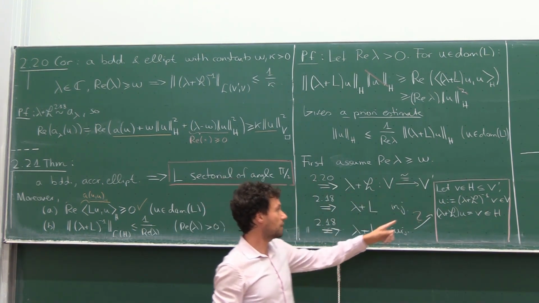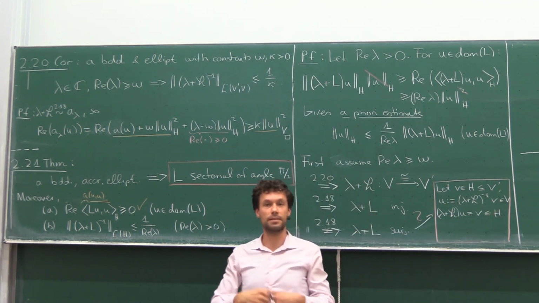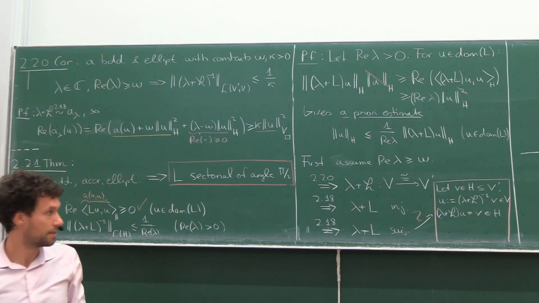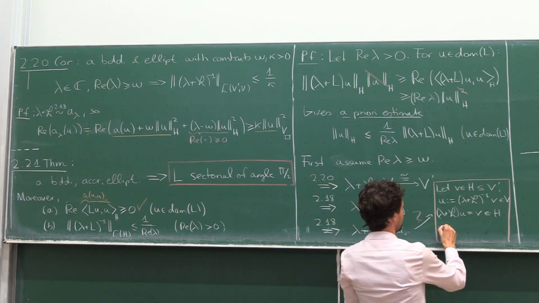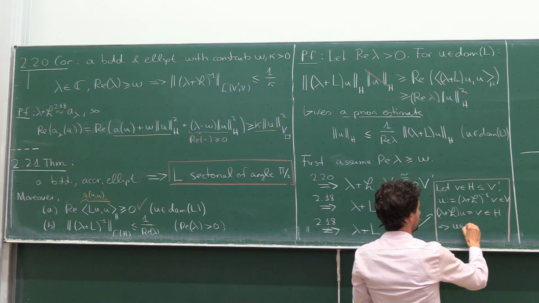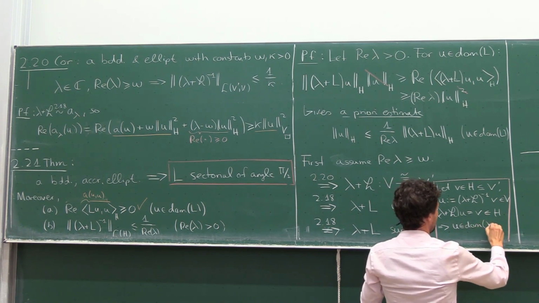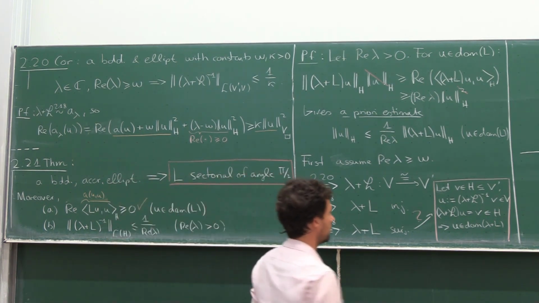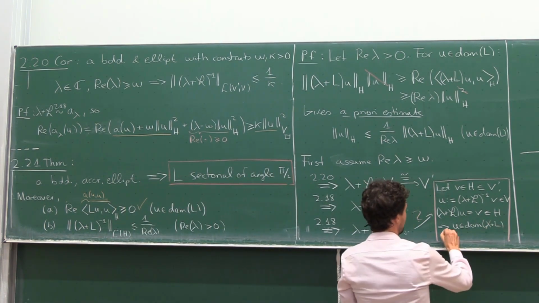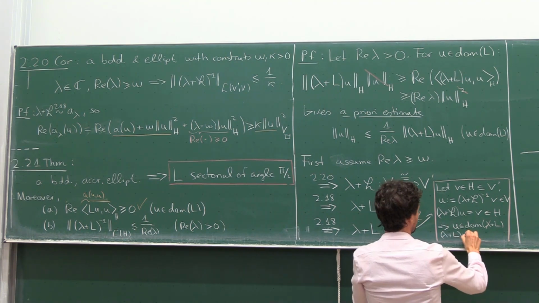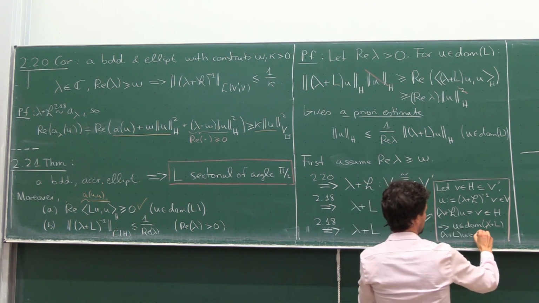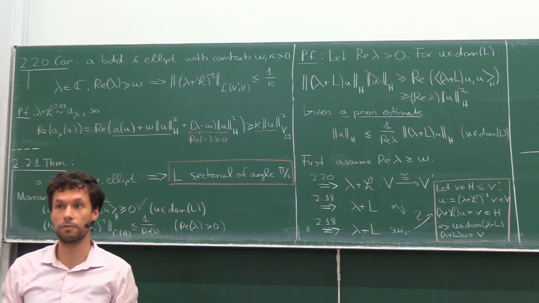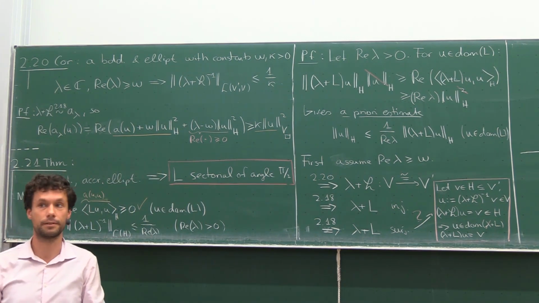So it means that this U guy is an element of V with a property that if I apply lambda plus L to it, I'm going to get back into H. So this means that U is in the domain of lambda plus L, which is the same thing as the domain of L. And it means that lambda plus L of U is the same thing as this, so it's equal to V. So, you know, the problem just solves itself by writing out what we have.